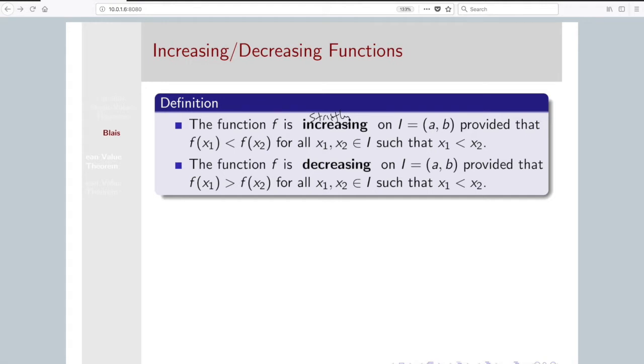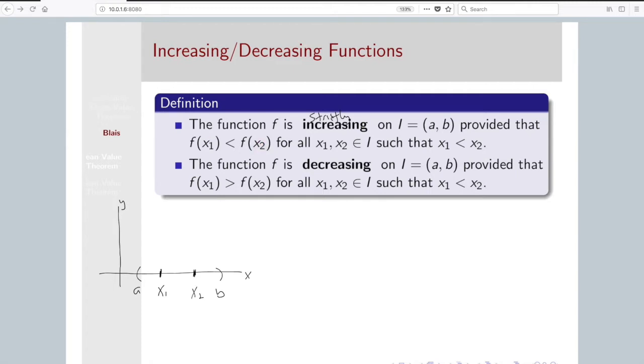If you think about this definition, we can see how it will sync up nicely with our intuition. So if this is our interval AB, then this definition says for any pair x1 and x2, such that x1 is the smaller, so let's take x1 here and x2 here.